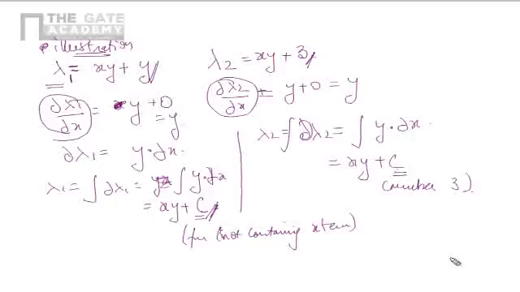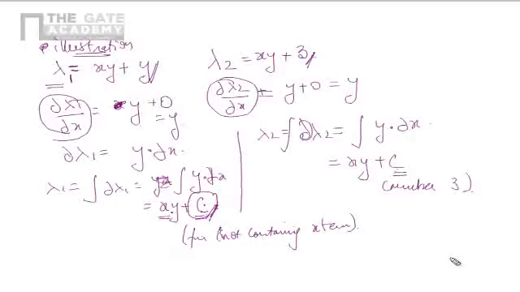Because this constant is not 3, it's not a number, it is a term called y, which is another component of this function, but it is not containing x term. So when we are doing partial integrations, we have to be very careful. We don't know whether the constant is really a number, or a function which is not containing the corresponding term. We have to be really very careful on this point.